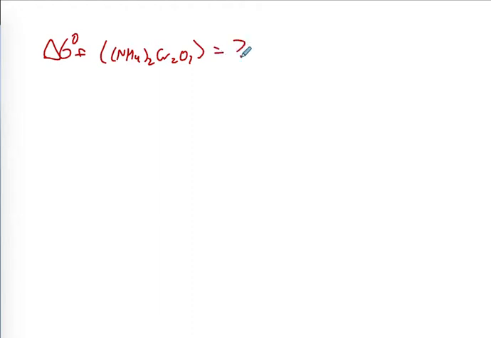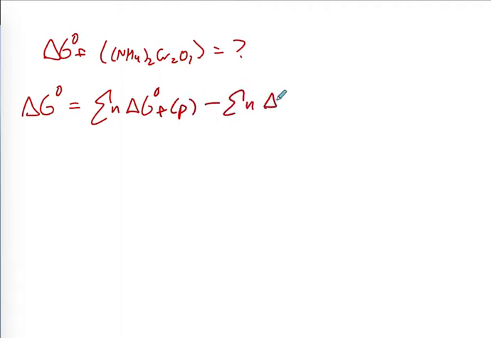Well, for that, we're going to use the fact that the standard free energy change for the decomposition reaction equals the sum of the standard free energies of formation of the products multiplied by their stoichiometric coefficients minus the sum of the standard free energies of formation of the reactants multiplied by their stoichiometric coefficients.